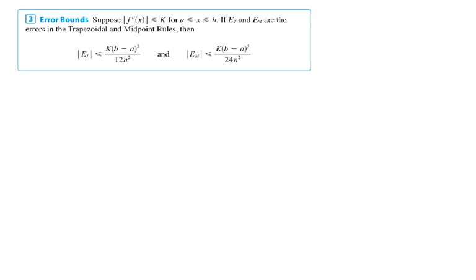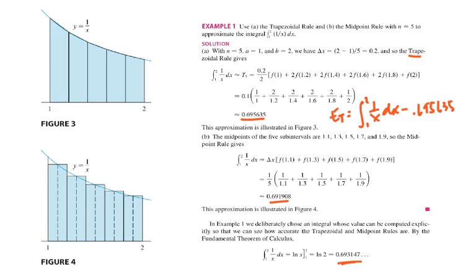number of approximations. So the last problem, we had the integration from 1 to 2 of 1 over x squared dx. That's the one that they did. And they let n equal 5. Let's go back. So you can see here, n equals 5, a is 1, b is 2. And they figured the trapezoid rule to come out to be this value.